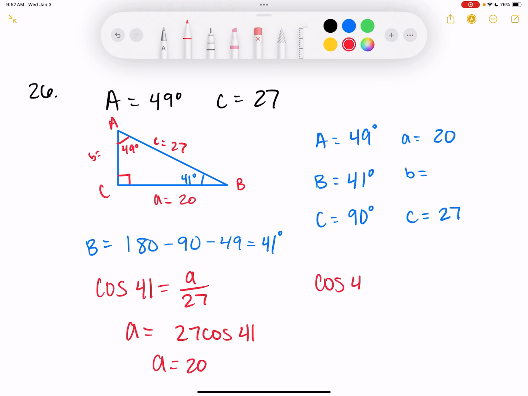All right, cosine of 49 is going to be B over 27. So B is going to be equal to 27 cosine of 49. So that's going to round to 18. So side length of 18 for that one.